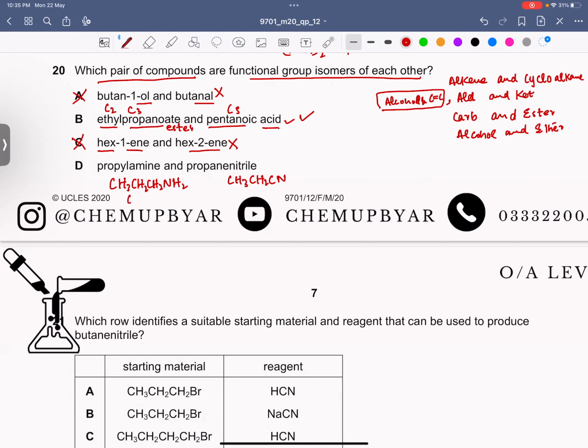So if you see, it is C3. How many hydrogens does it have? 9 hydrogens and a nitrogen. If you look over here, C3, 5 hydrogens and 1 nitrogen. So these are not isomers at all. So our correct answer is B over here.